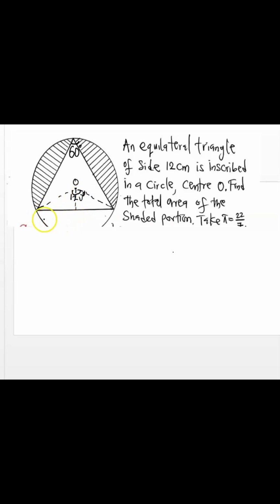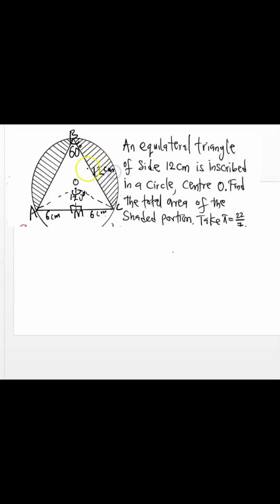The distance here, this is A, this is B, and then this is C. From here we have M. This M is forming a right angle triangle here with angle 90 degrees. This length is 6 centimeter, meaning that this side is also 6 centimeter, and the side here is 12 centimeter.